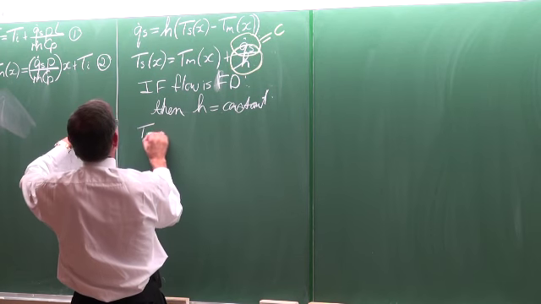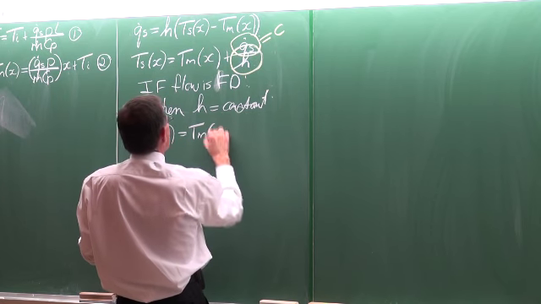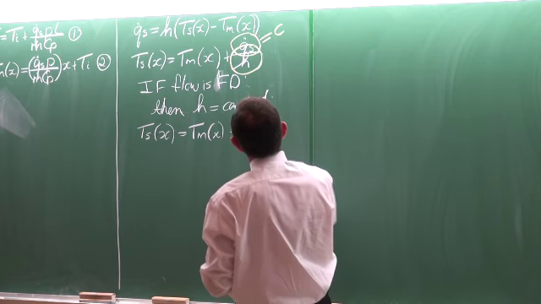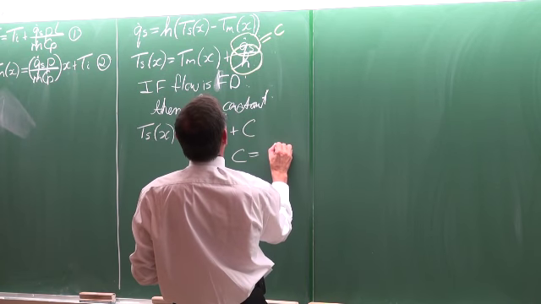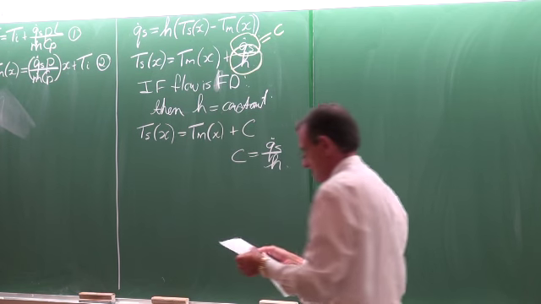In terms of this equation, it would mean the surface temperature is equal to the mean temperature plus a constant C, where the constant C is equal to the heat flux divided by the heat transfer coefficient.